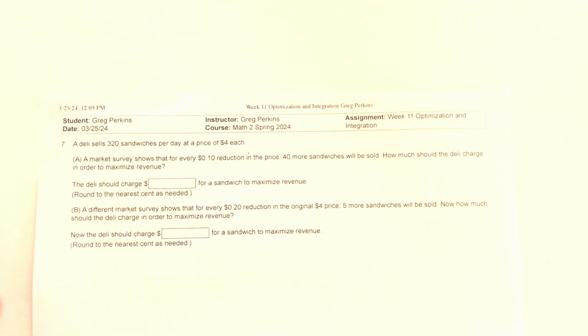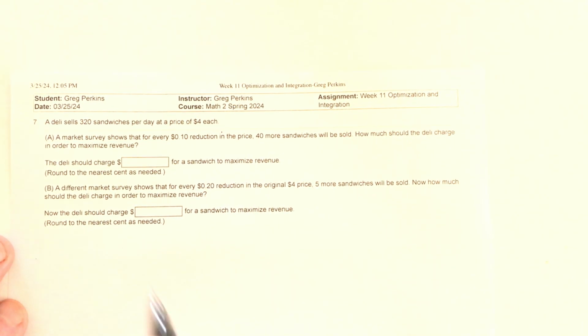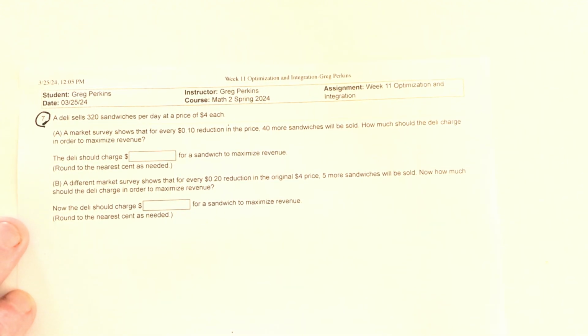Okay, then another one that I want to do is number 7. So this is number 7. And I did an example like this in the video lecture. Hopefully you watched that. Mine was about soda. And this is about sandwiches.